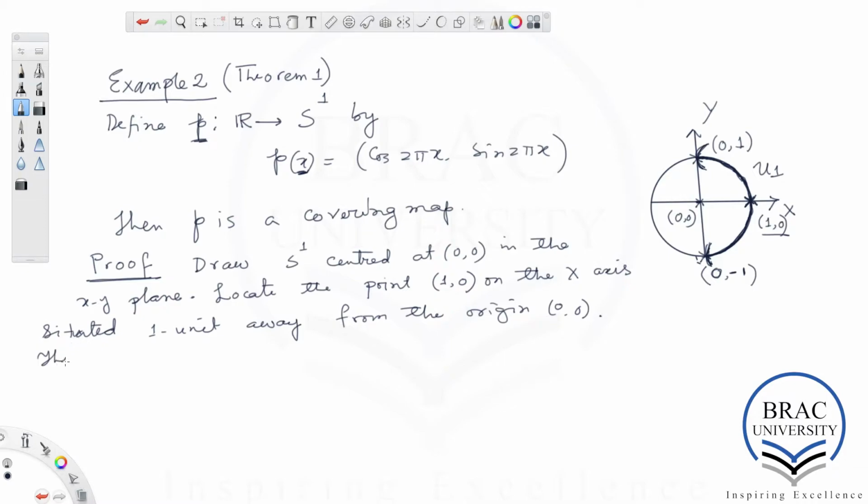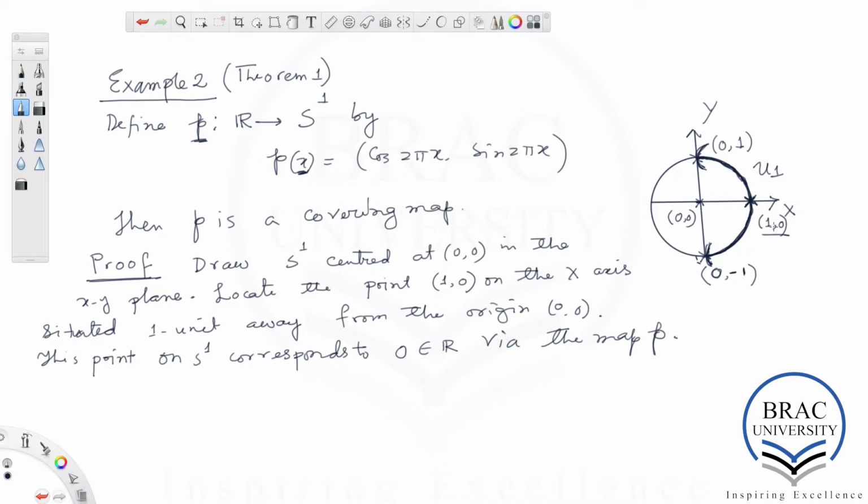This (1, 0) point on S1 corresponds to 0 in R via the map P. There are other points in R that also correspond to (1, 0).